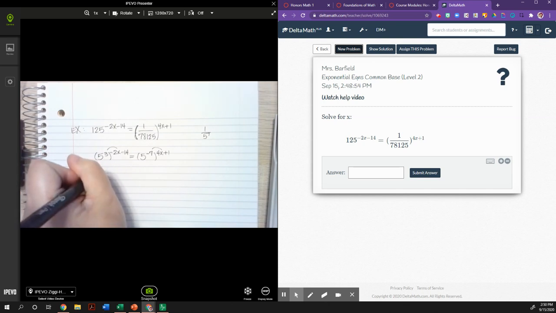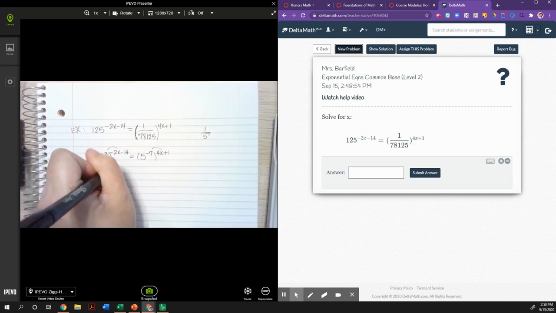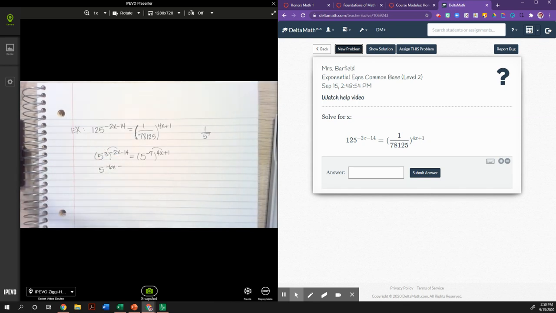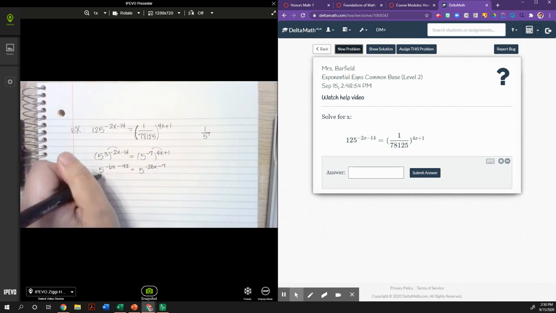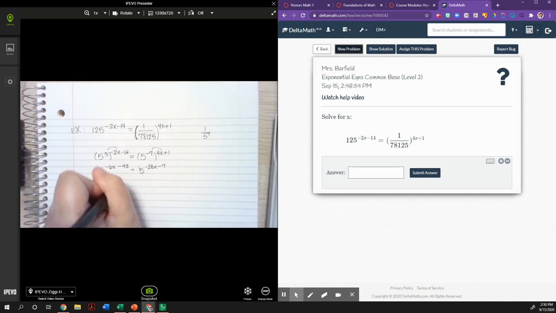I get 5 to the negative 6x minus 42 equals 5 to the negative 28x minus 7. Let me make sure I don't mess up my multiplication here. Bases cancel. Negative 6x minus 42 equals negative 28x minus 7.